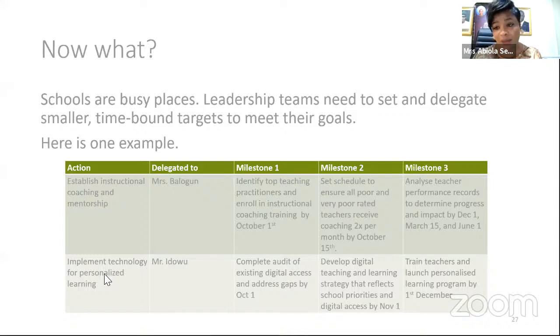And what does that mean? How are we going to support that person? How are we going to train that person? How are we going to maybe give that person extra time for planning within the school day? Are we going to give that person some sort of stipend, or an additional title like instructional coach, even if we can't give them more money?